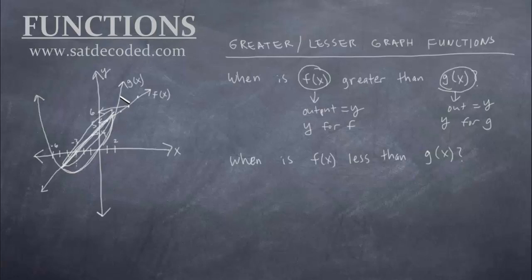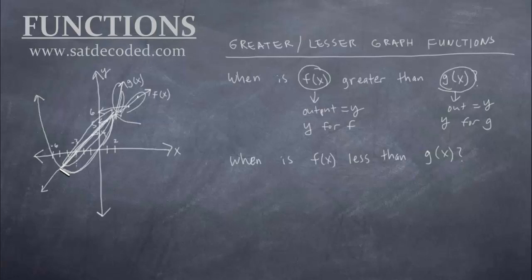When it crosses the point of intersection, there's one right here, the g of x actually overtakes the f of x. Notice how the g of x right here now is bigger than the f of x because the g of x portion now is on top of the f of x portion. But the question is asking, when is f of x bigger? So f of x is bigger from here to here.